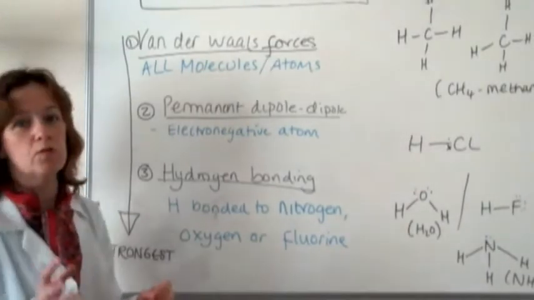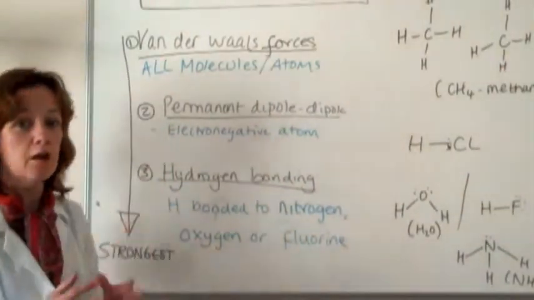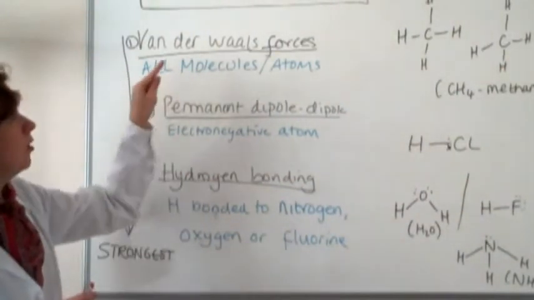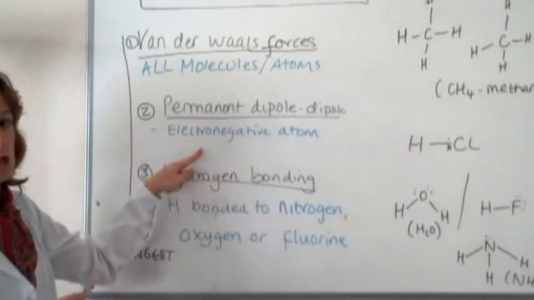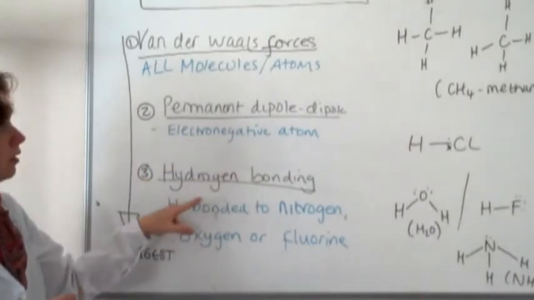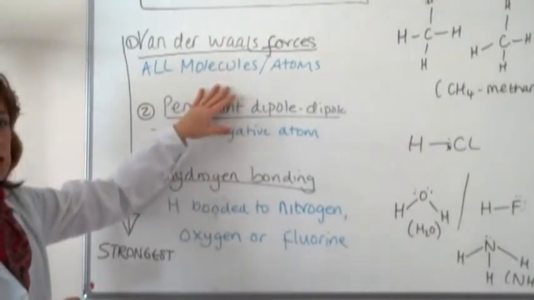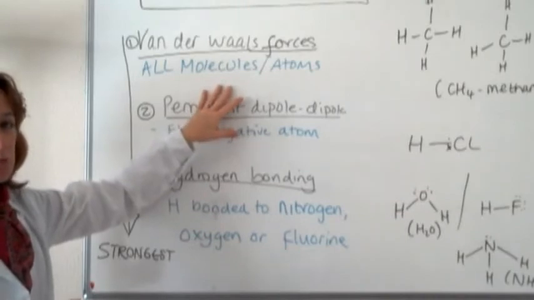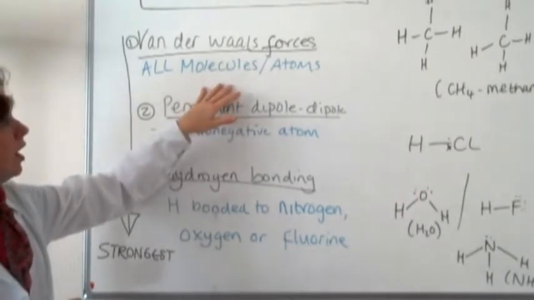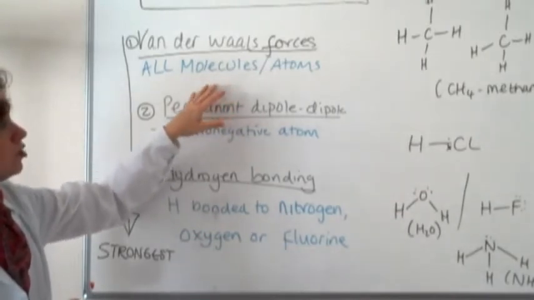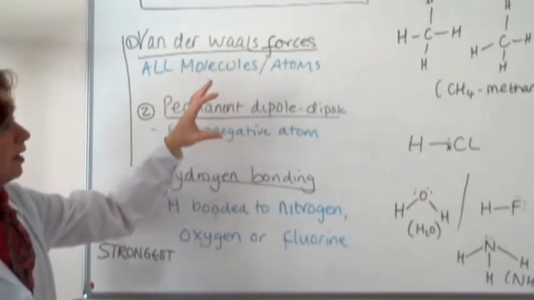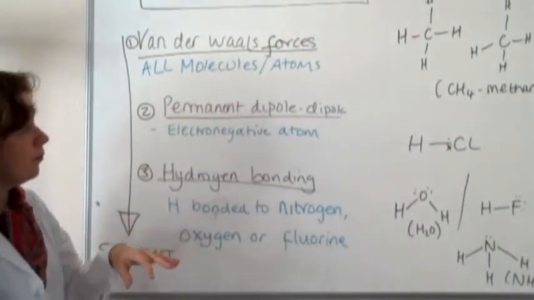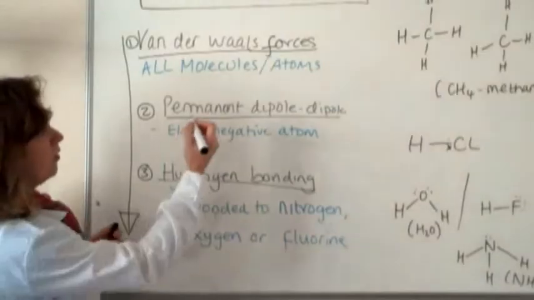Okay, so we're still looking at intermolecular forces here. Three types now, remember this? We've got van der Waals, permanent dipole-dipole and hydrogen bonding. Van der Waals is the weakest. It's also called temporary dipole-dipole because as two atoms come together, the electrons form on one side or another of the atom.